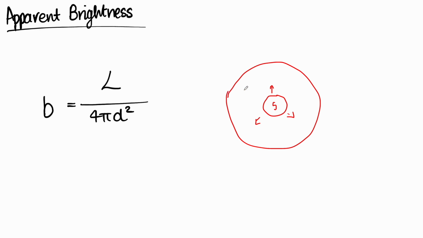And the d is just the radius here between the sun and the edge of this sphere of light. And we get the apparent brightness, so how brightly you would be able to see the sun in this position. And in the next video, you'll be able to use this equation to work out the solar constant.